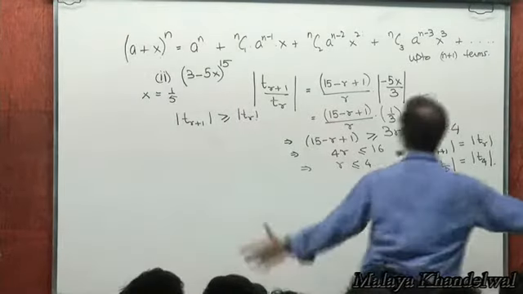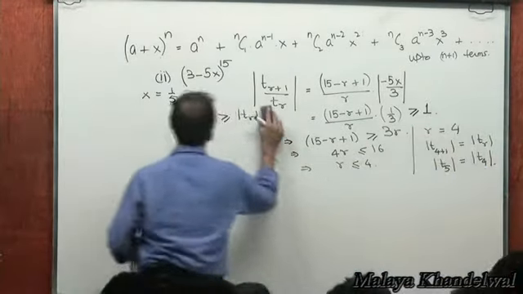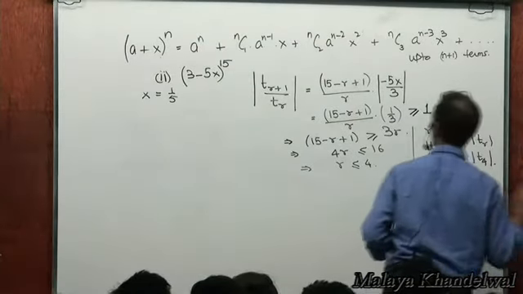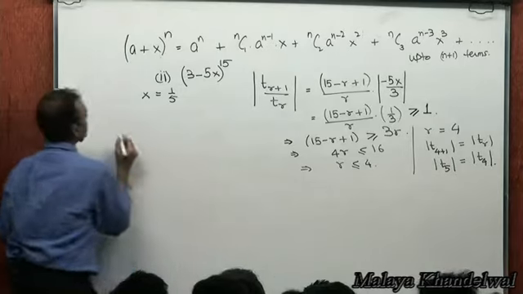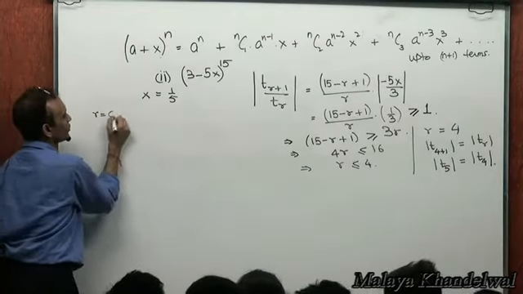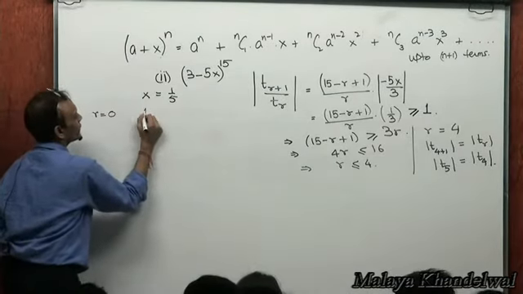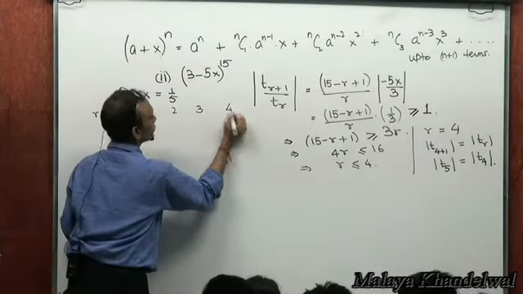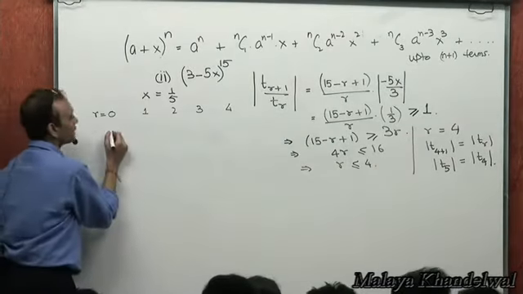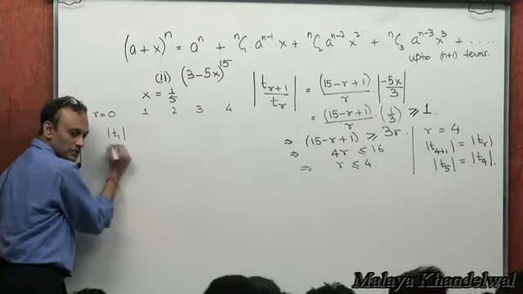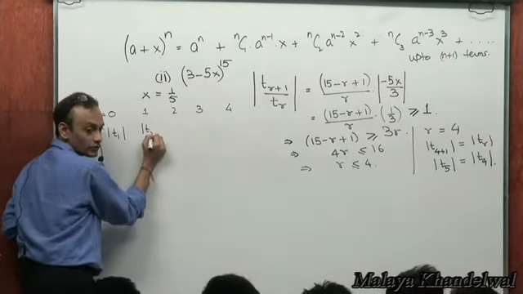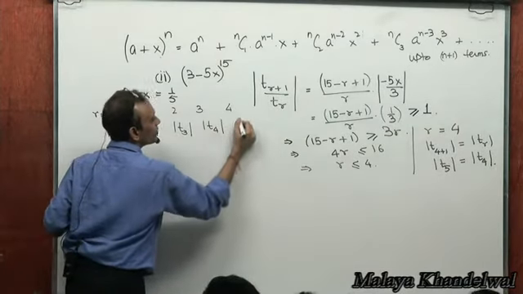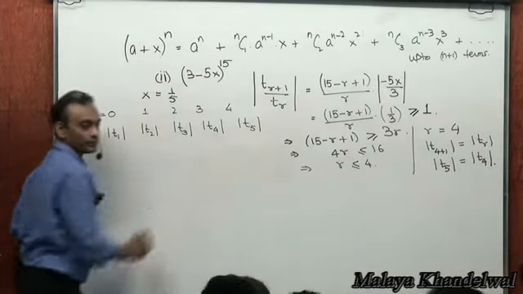Okay, now let me lay it out for you. See, r equal to 0, 1, 2, 3, 4, right? R equal to 0 will give me the first term, then mod t2, mod t3, mod t4, mod t5, right?